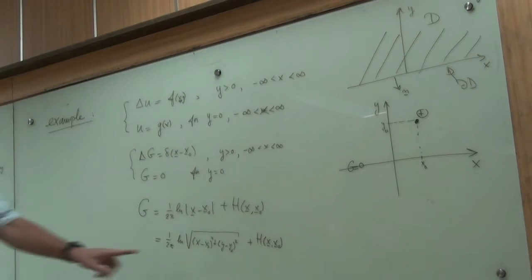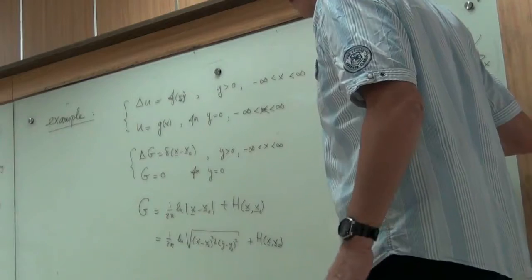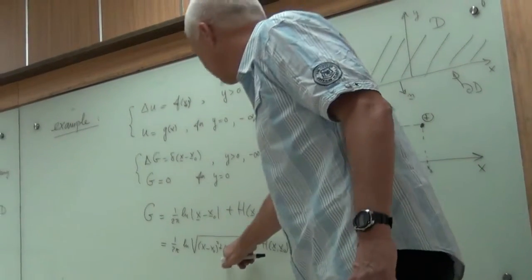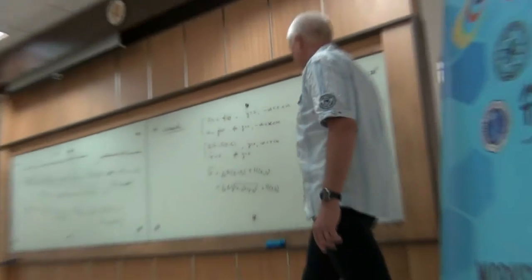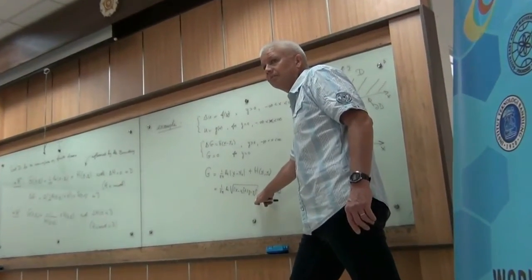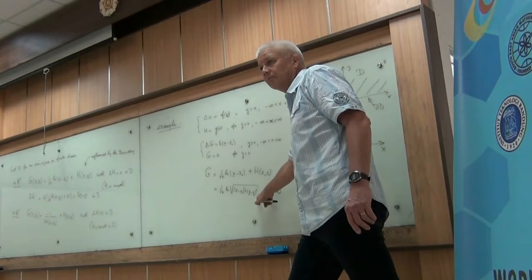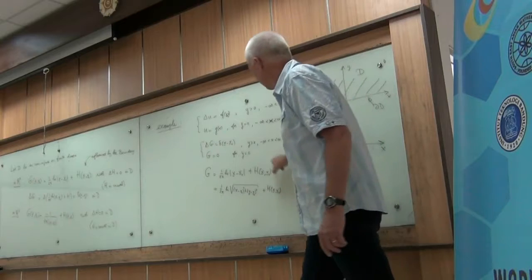So you can obviously see that if I'm at this point x0, y0, and I take y equal to 0, then this expression for sure is not 0. But I still have a choice.